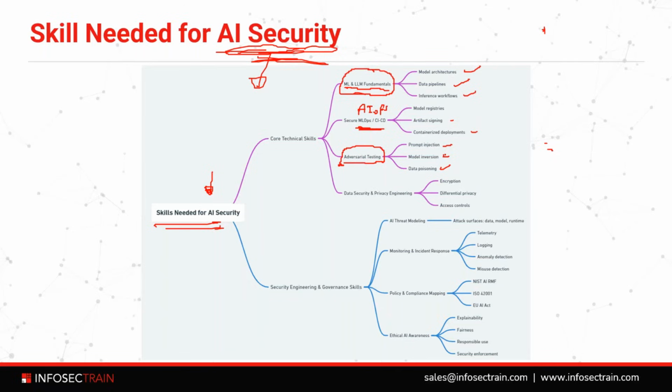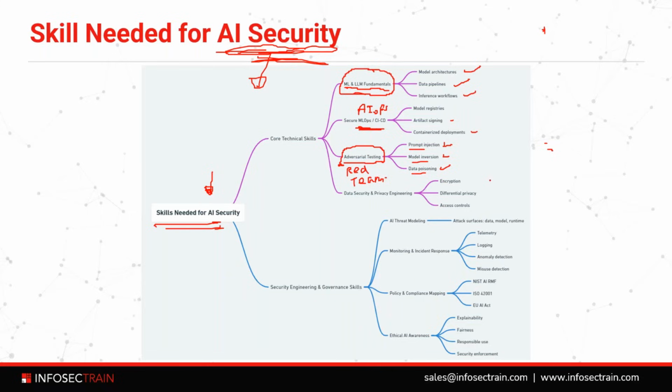All these are skills that you need for your AI red teaming. Say if you are an offensive security expert, and if you don't have these skills now, then you are lacking something, so you have to learn these skills also.